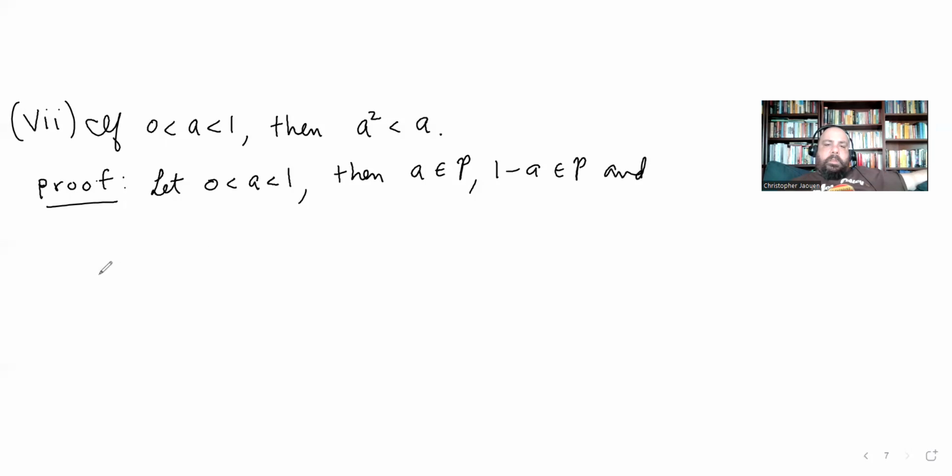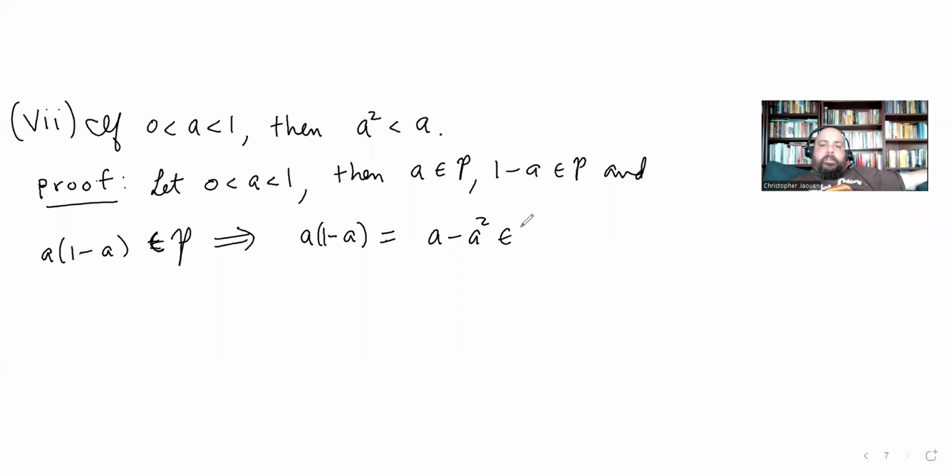And that means that A times 1 minus A is positive by closure of the set of positive numbers, which implies A minus A squared is positive, which means that A is greater than A squared, right?